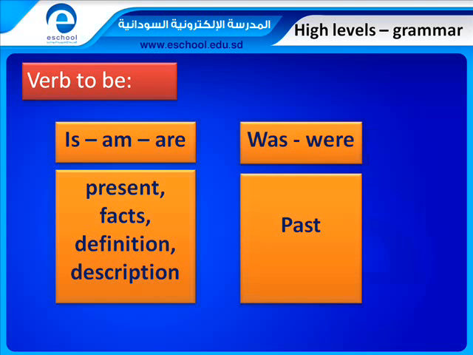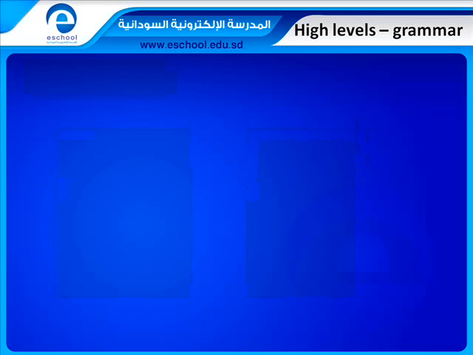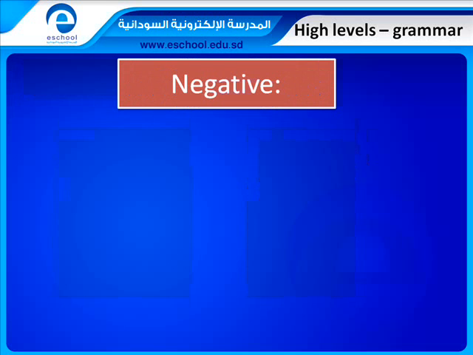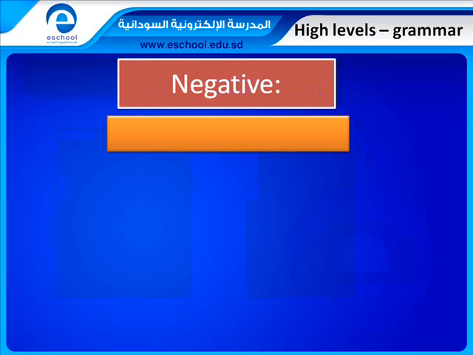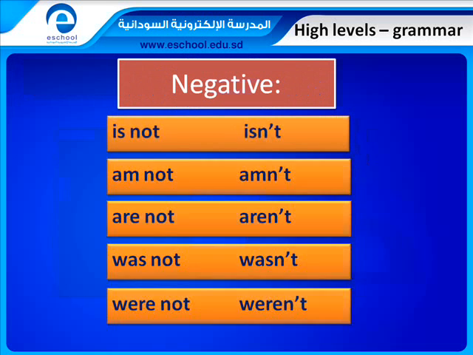And we use was and were for something that is in the past. The negative of verb to be: is not or isn't, shortcut. Am not. Are not or aren't. Was not, wasn't, and were not, weren't.